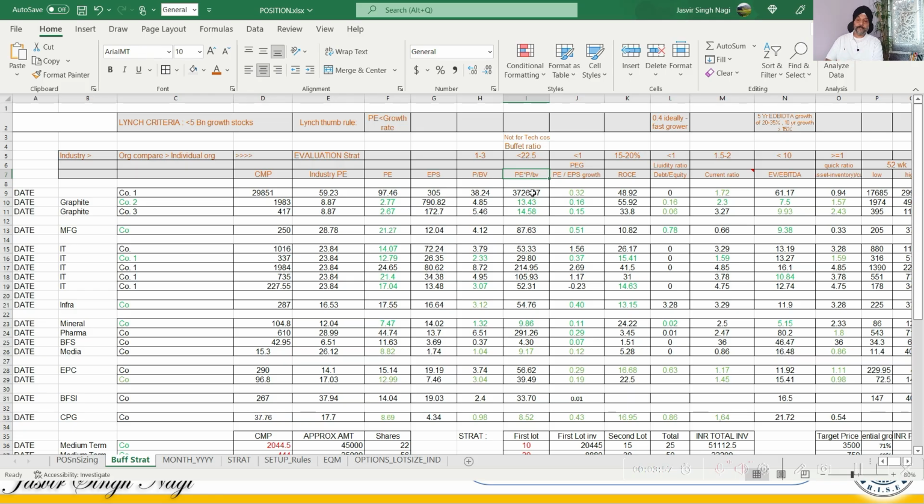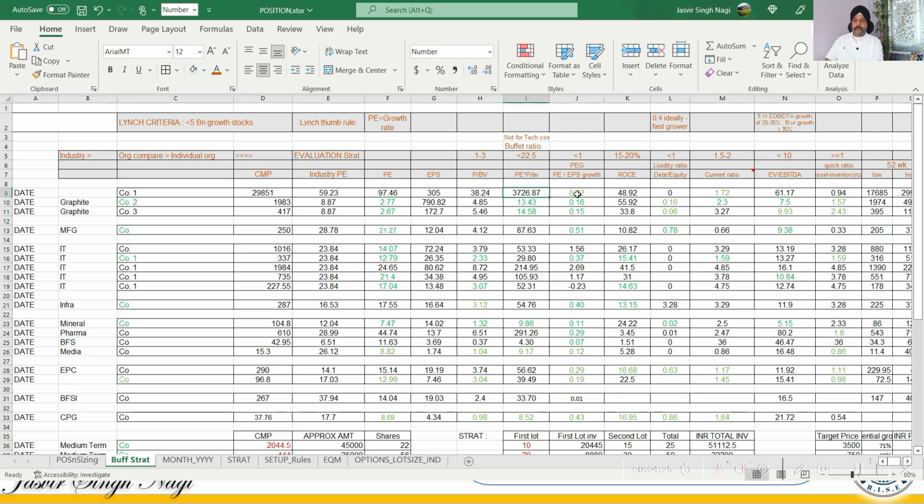You have to calculate it: the P by BV multiplied by the PE that you found in the first one. Hence the H column was formed. It gives you a ratio. The first one looks like a technology company, and for a technology company, it has to get bypassed, as simple as that, because of the reasons I mentioned earlier.